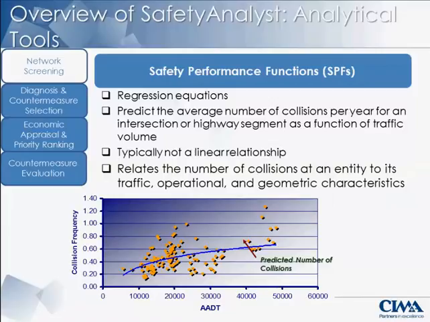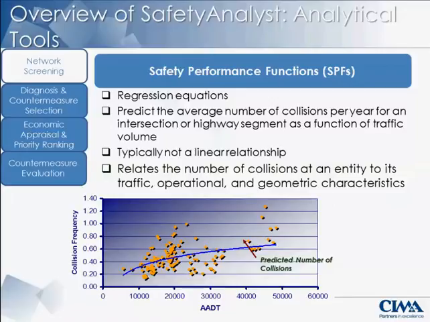And then you plot them. You see them in this figure. The x-axis is ADT, all entering ADT to an intersection, and the y-axis is collision frequency per year. So you see all of these observations, and then you fit a curve, which is usually a nonlinear curve, to these points.